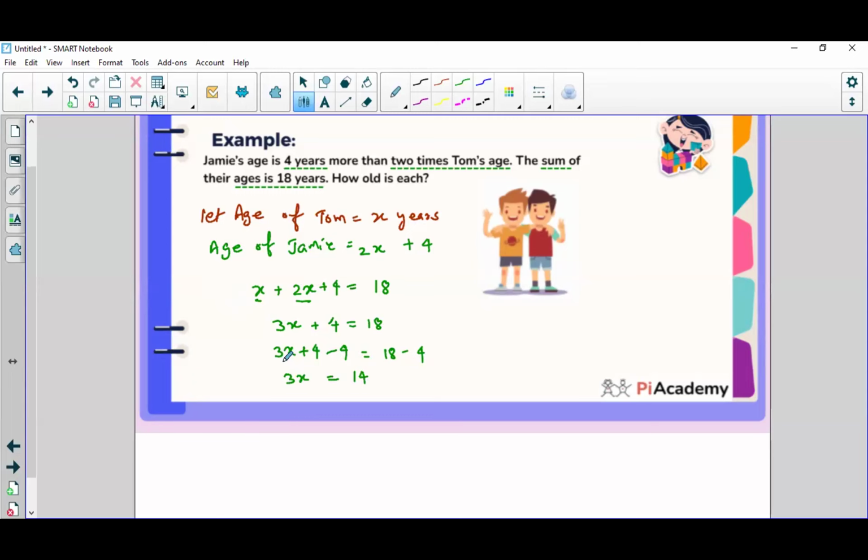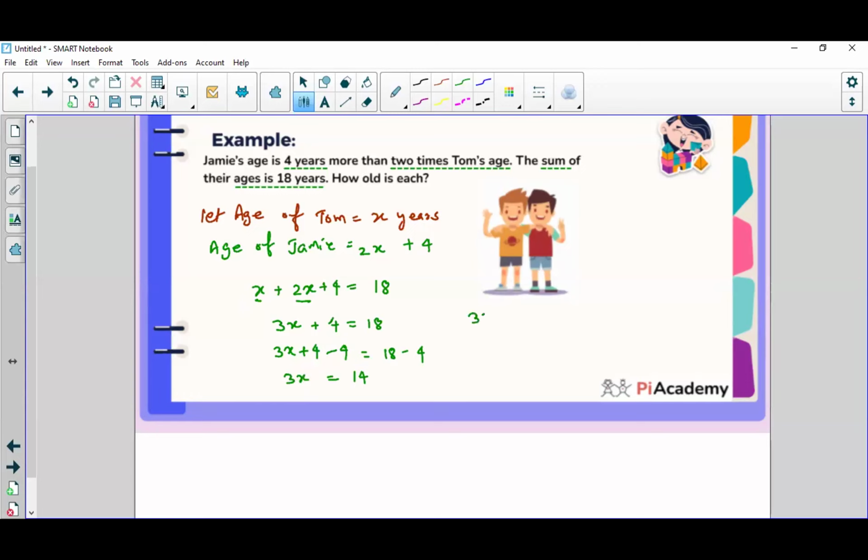Okay, after that, as you can see here, guys, this 3 and x are in multiplication. Correct? So because I have to find out the value of x here, I will divide by 3 now.